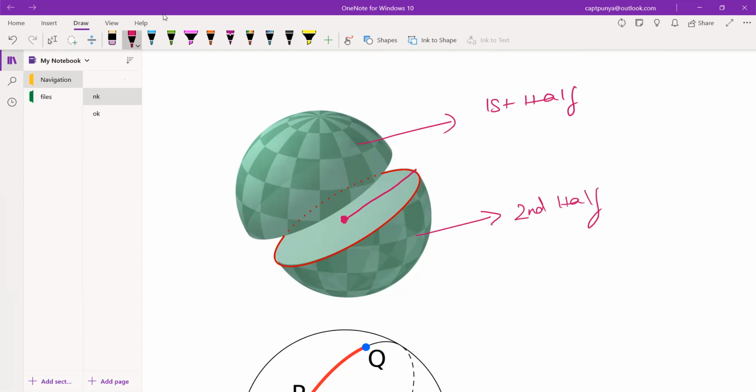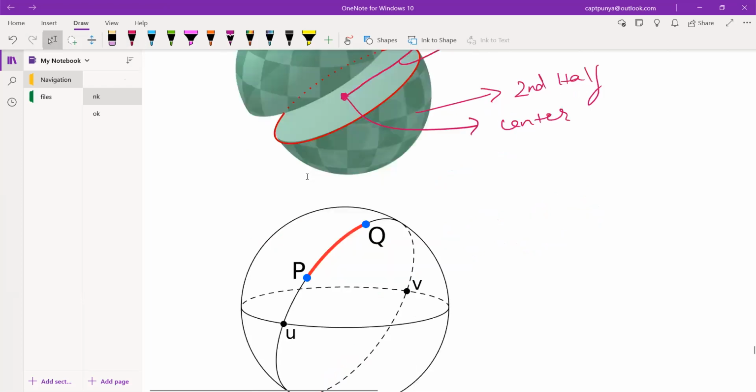This is the radius of the great circle, and this is the center of the great circle. So this red circle is your great circle. I hope you understand, looking at this 3D image, which I have downloaded for you guys to give you a better picture.